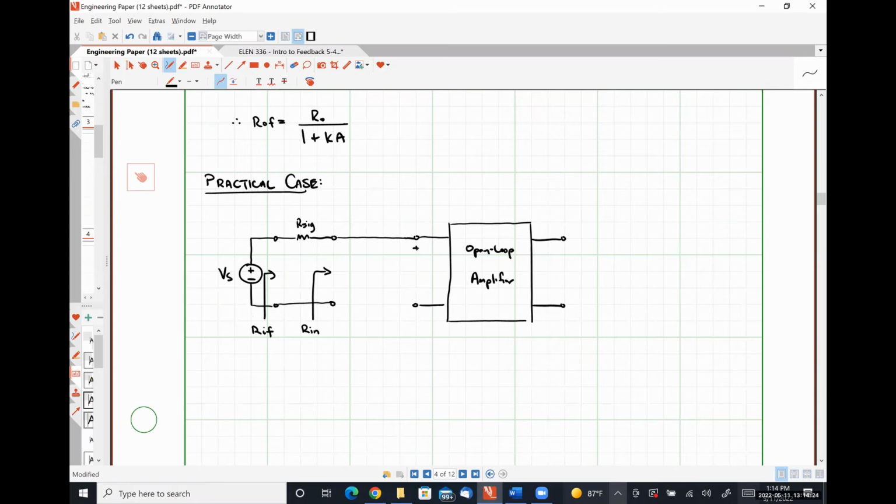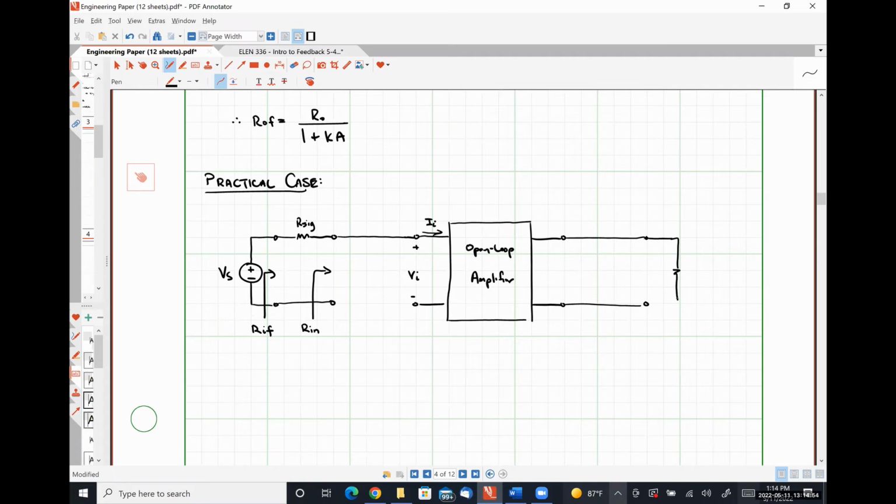This is our input voltage, VI. This is our input current, II. I'm going to give myself a pair of terminals over here as well. And connected across these output terminals, I may have some load resistance RL that we need to account for.